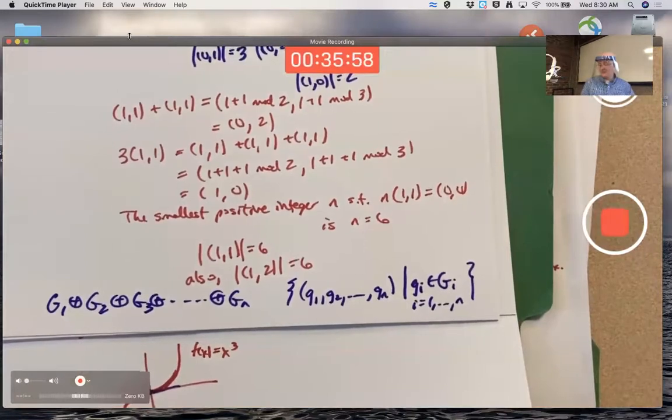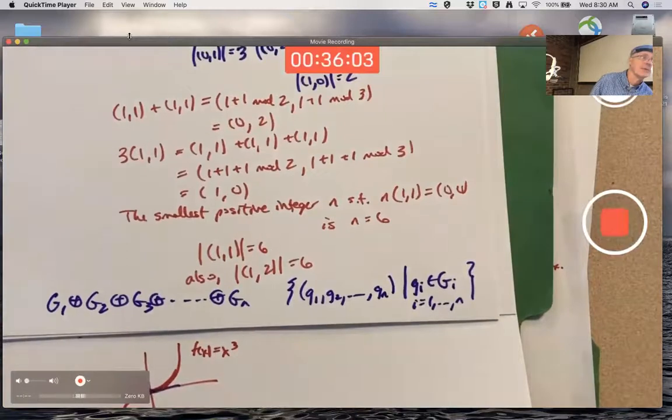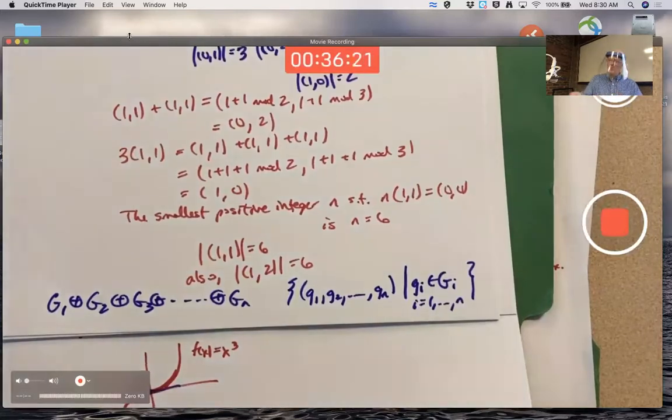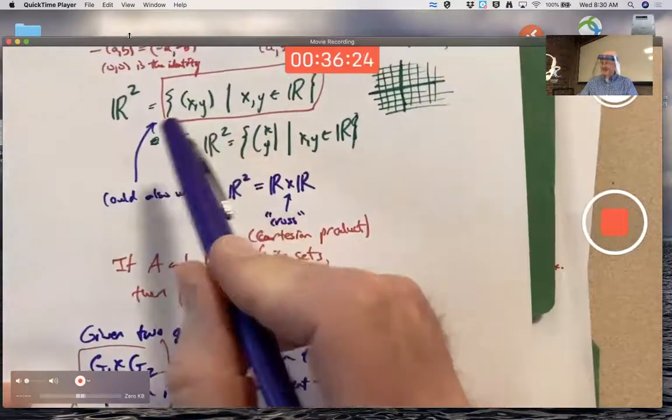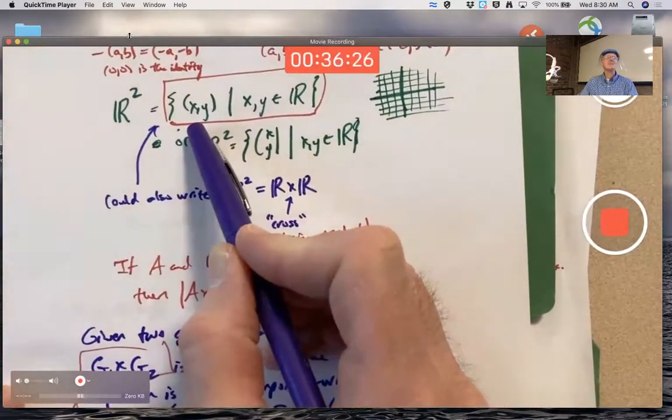You might even wonder if you need to restrict it to a finite number of groups. Could you do the external direct product of an infinite number of groups? Is that possible? Well, yeah, possibly. But I think finite will be good enough for us. And this will be a group under component-wise multiplication as well. Would you ever want to multiply elements here instead of adding them to get a group?